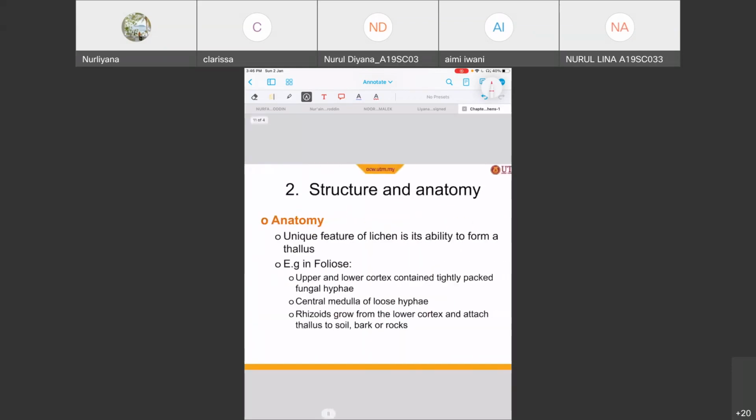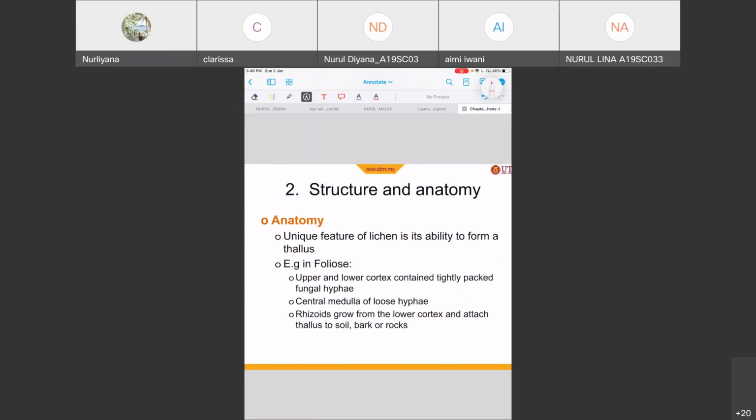Okay, that was the structure, meaning their thallus. Now we go into the anatomy of the lichens. Anatomy basically means the structure, that you can see wholly how it looks.